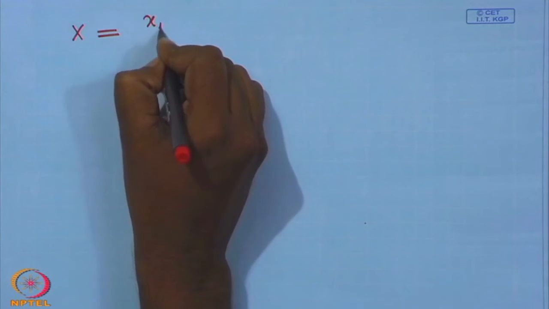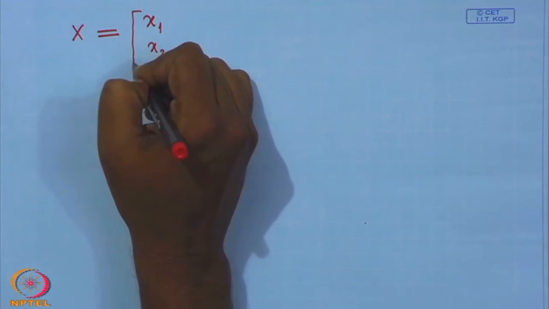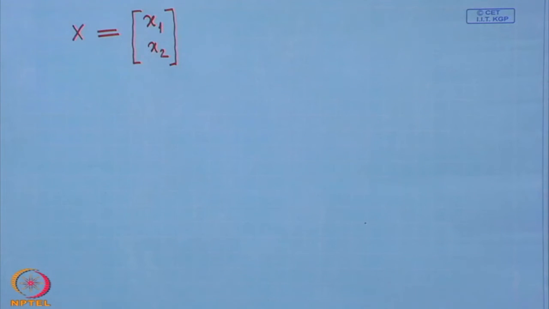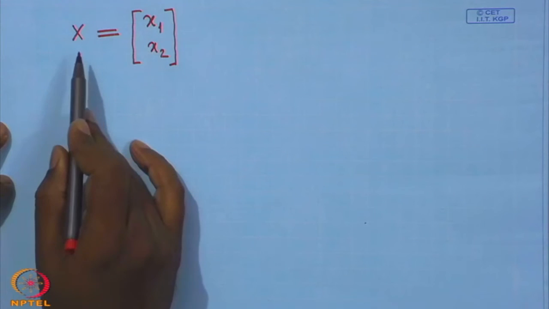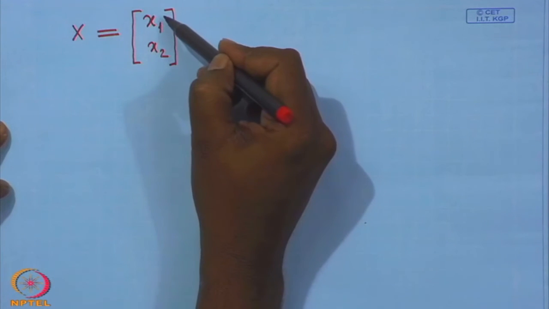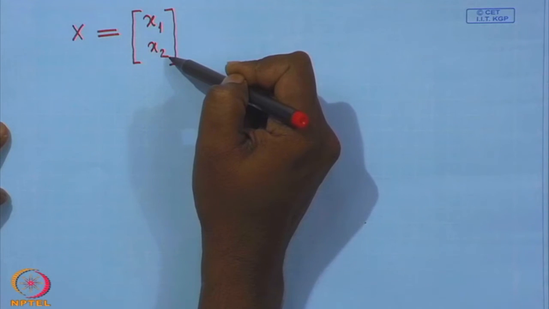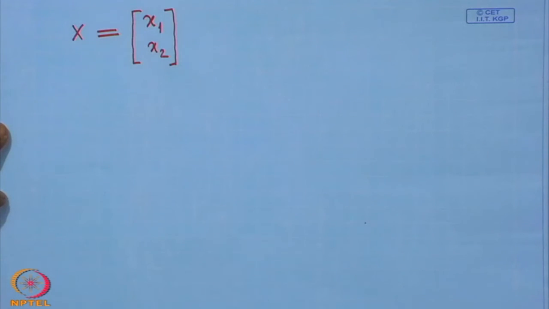One I say x 1, the other one is x 2. So, this is the vector, and when I take different samples for estimating the probability density, what I will have is different sampled values of this vector, where every sample will have a corresponding sampled value of x 1 and a corresponding sampled value of x 2. So, I will have different instances of this vector x 1 x 2.